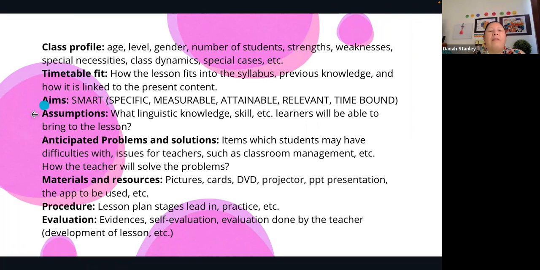Then I'm going to write the assumptions: the previous schemata, the previous knowledge they have. How am I going to know this? Because I consider this. It's supposed that in intermediate 6 they know the regular verbs in past, the pronunciation.